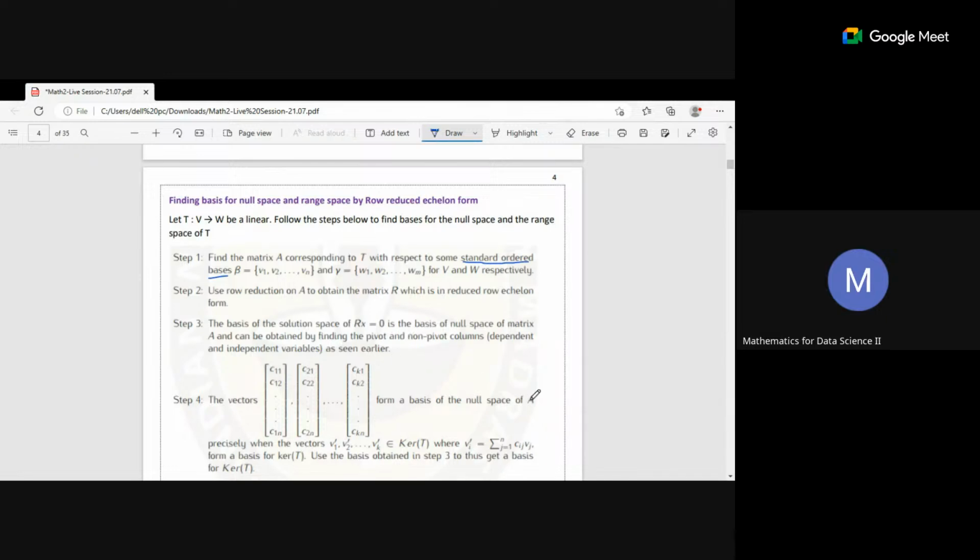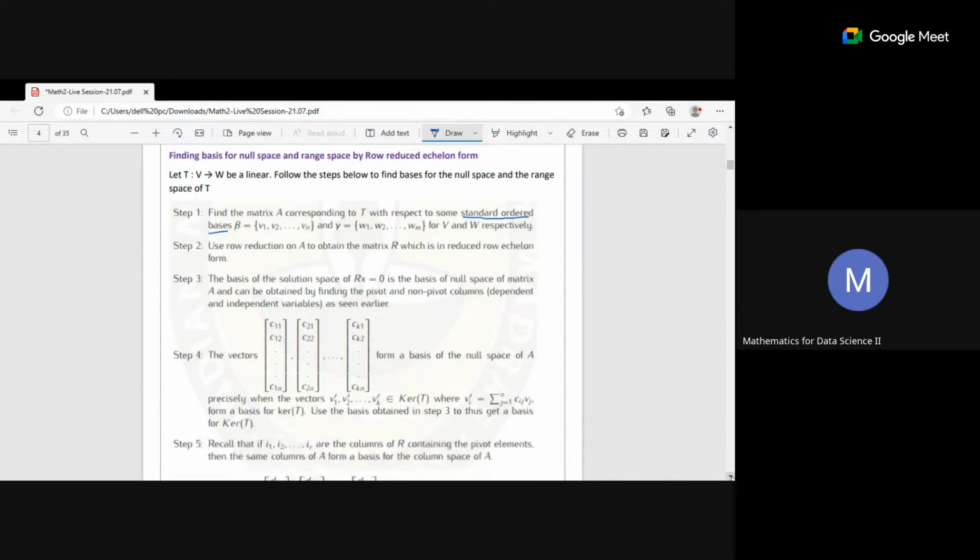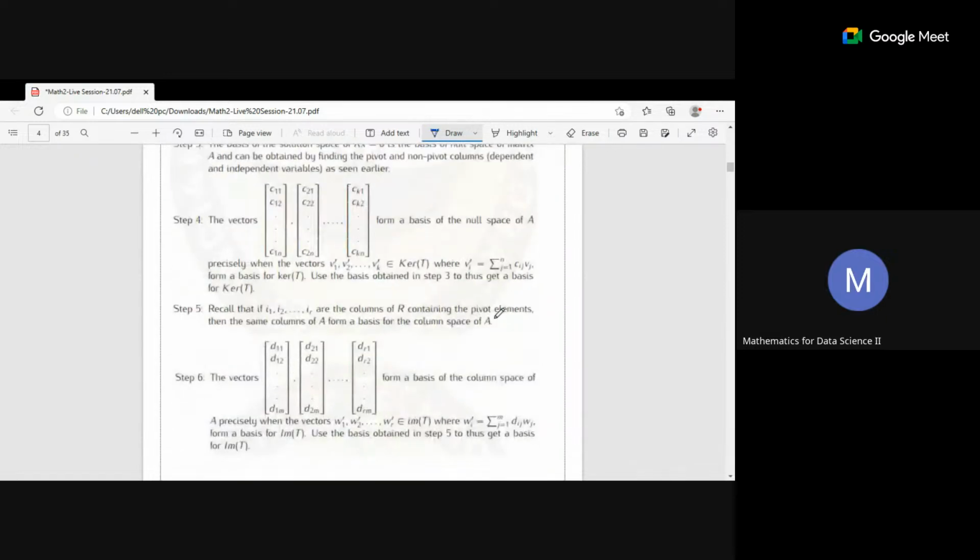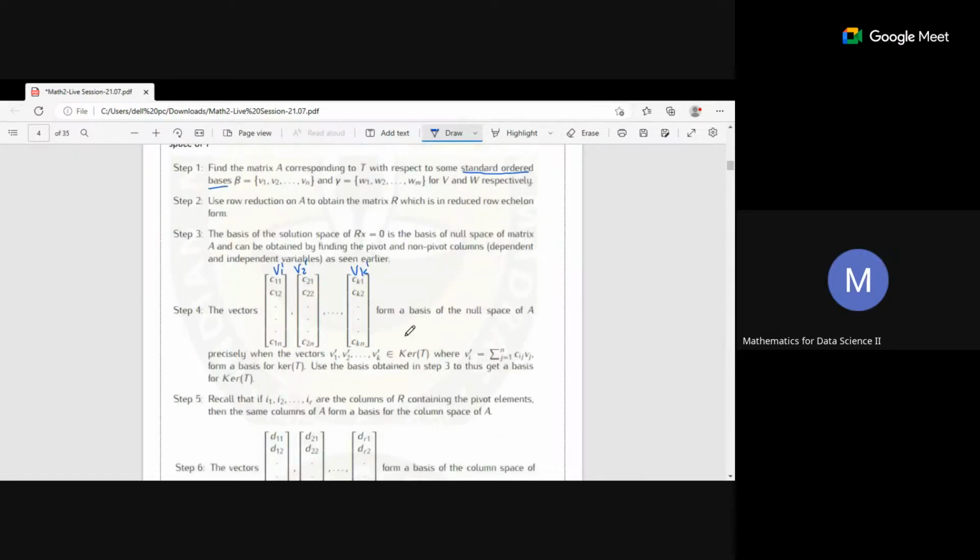So the vectors V1', V2', up to Vk', these are the solutions of Rx equal to 0, and they form a basis, since you know they belong to the kernel of T.